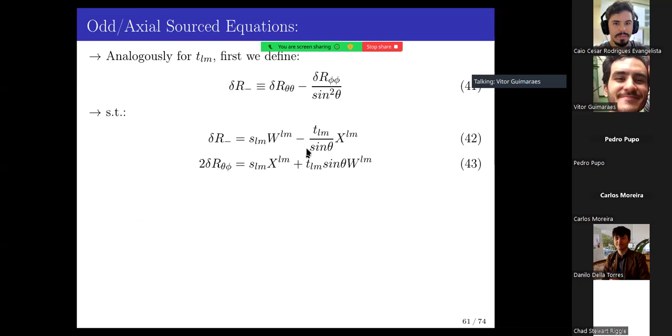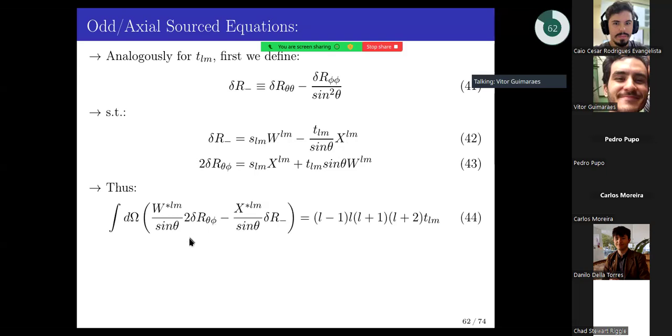So look now at what we have here, right? You know how to combine this if you know the orthogonality properties of W and X, right? All you have to do is use the orthogonality property that takes this equal to 0 and this equal to some multiplication of L's, right? And the combination that we are talking about is this. So we take this component here, multiply by W star over sine theta, and subtract this component multiplied by X star divided by sine theta.